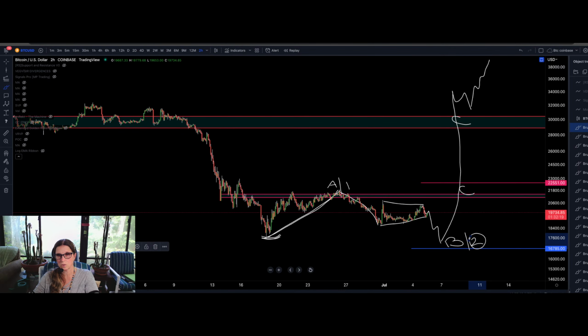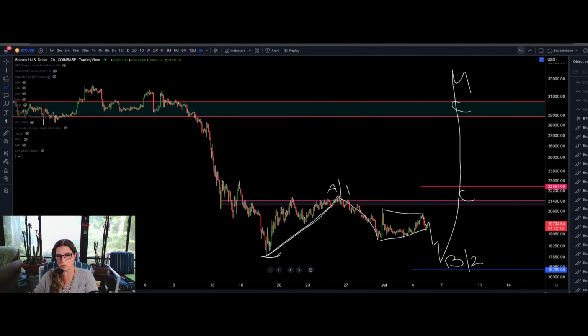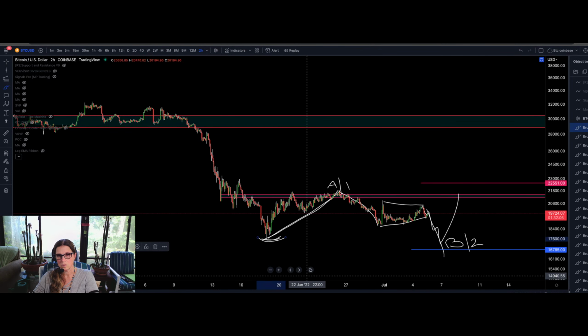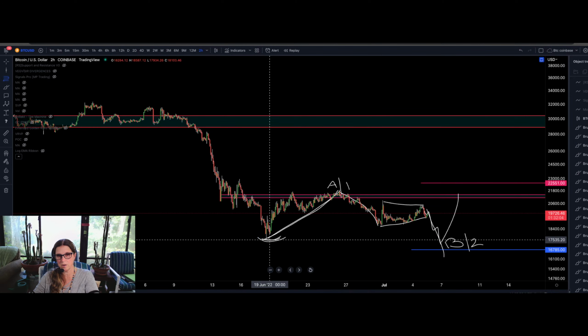One more option, it's just a little variation of this, is that this comes deeper. It does break the low, comes into the expanded B pocket.